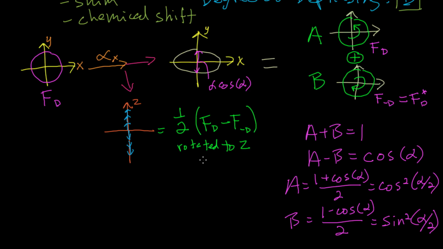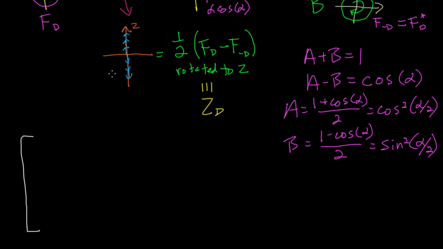These longitudinal coherences are labeled Z sub d, where the subscript refers to the degree of dephasing in the transverse plane that occurred prior to rotation into the z-axis. One of the reasons that Z is defined this way is that when it is tipped back into the transverse plane, it in fact does reproduce the combination of transverse coherences 1/2 (F sub d minus F sub minus d). The coefficient for this longitudinal component is simply sine of alpha, since that is the coefficient for the rotation of y magnetization to z magnetization.